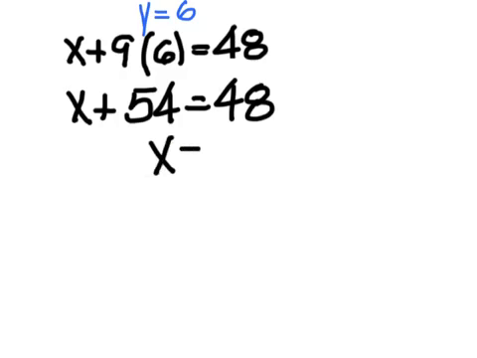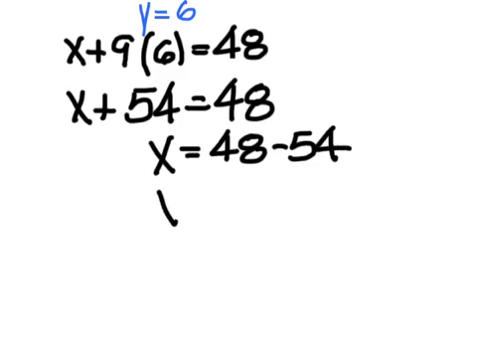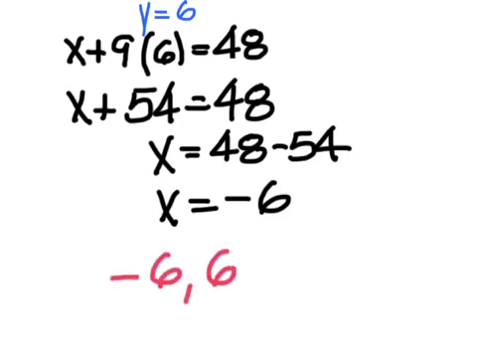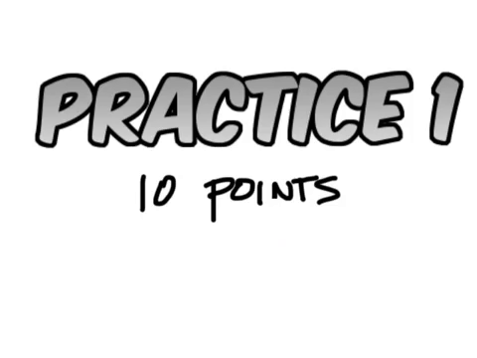And you'll move that plus 54 to the right side, make it minus 54. And x is going to equal what? -6. What's my final answer? Yeah, -6, 6. Try this one. I just need the final answer.